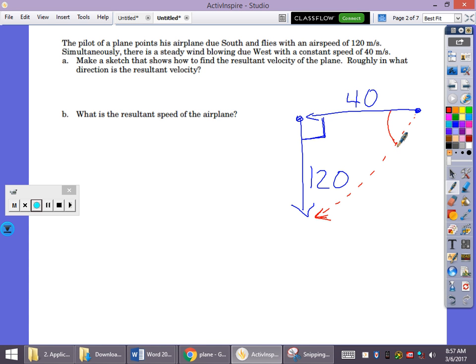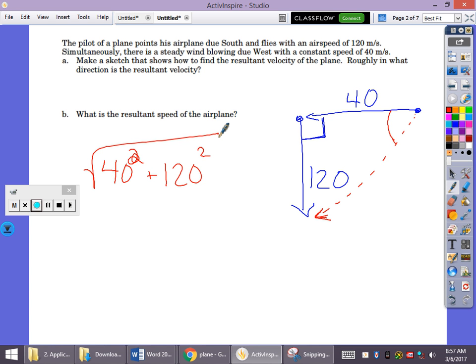Question A wants to know, but we're going to start with question B because it's easier. They want to know the speed of this resultant vector. How might I do that? Pythagorean theorem. I'm going to do 40 squared plus 120 squared and then square root it, which is the same as the magnitude that you've been doing the past couple days.